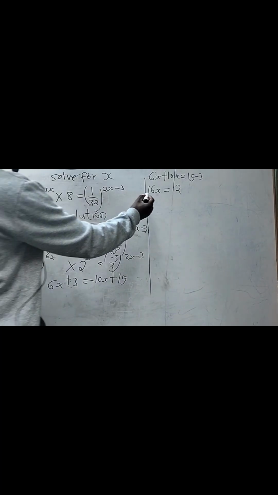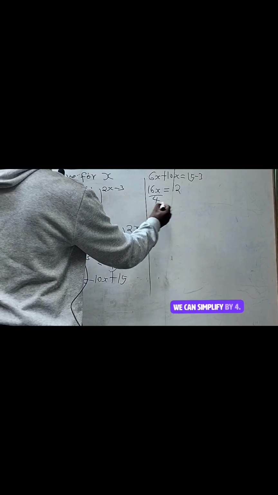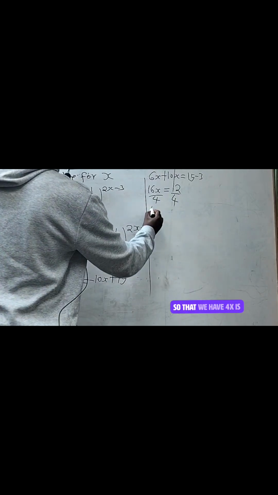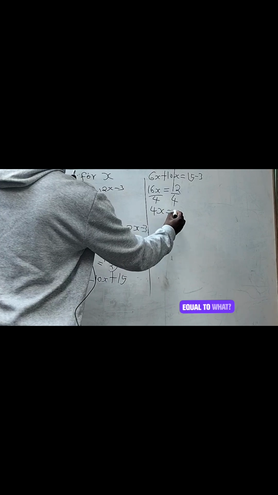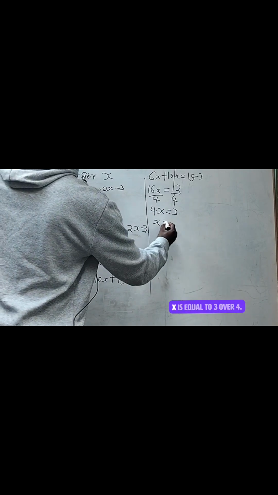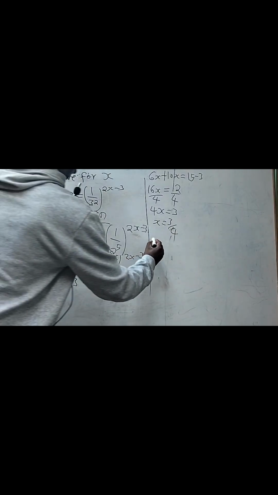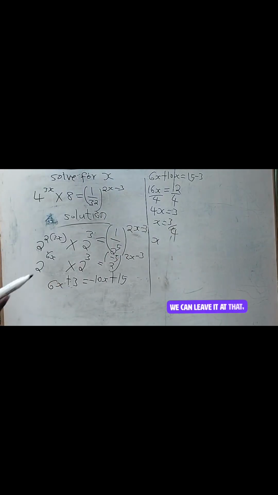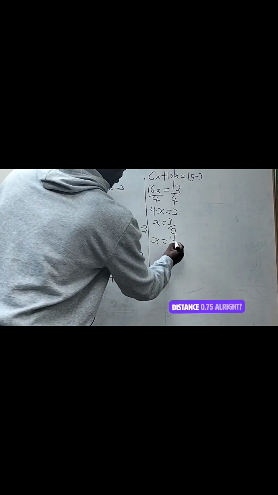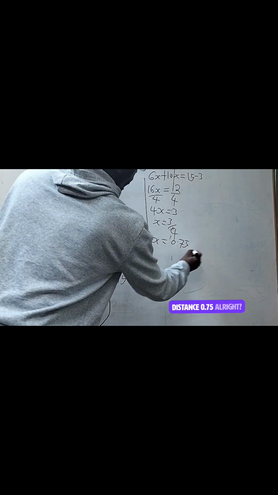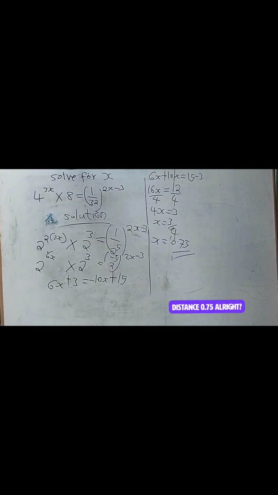We can simplify by 4, so that we have 4x is equal to 3. x is equal to 3 over 4. Then we can leave it at that, or we can make that one a decimal. This is the same as 0.75. All right, so that is as simple as that.